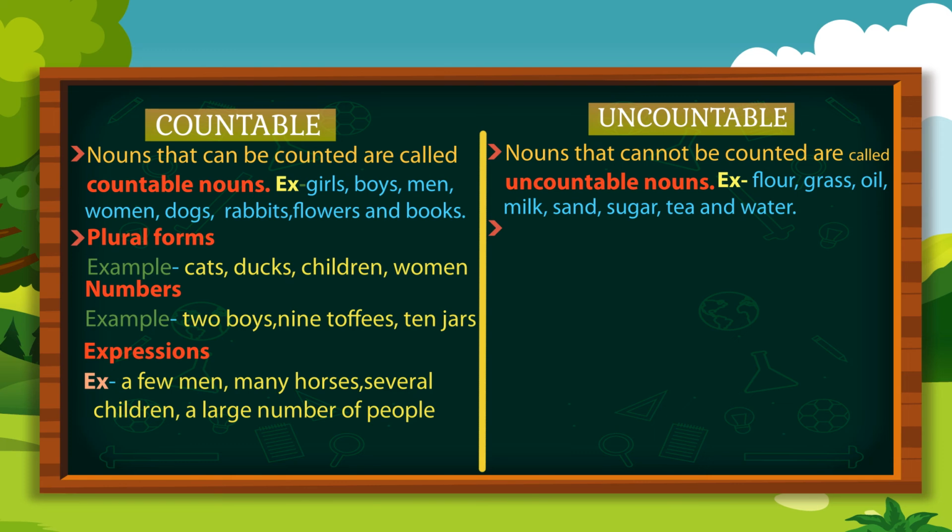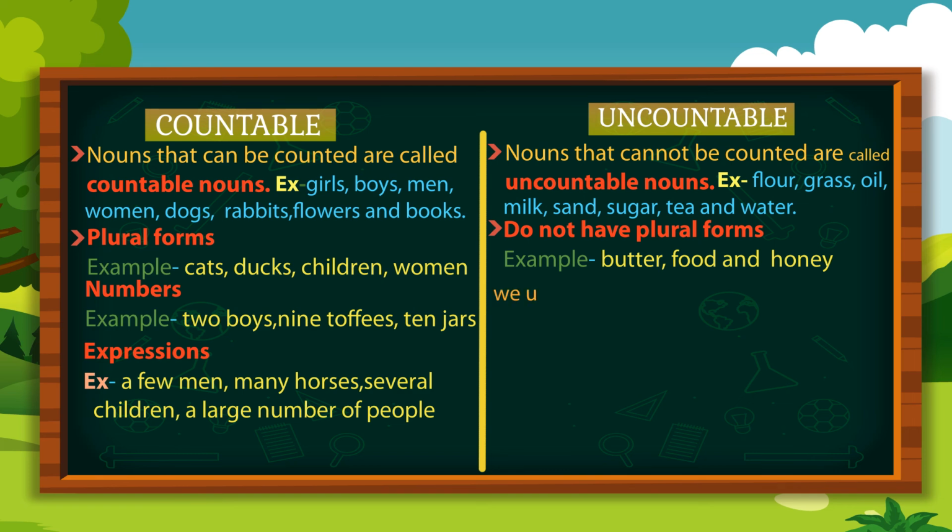Whereas uncountable nouns do not have plural forms. For example, butter, food, honey. We cannot count butter. We cannot count food. And we cannot count honey.